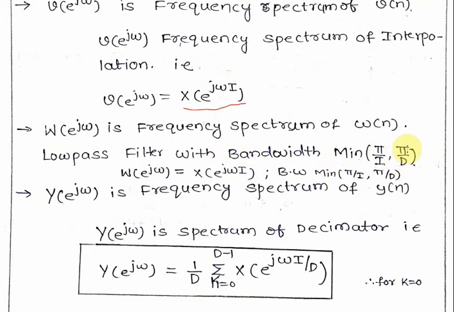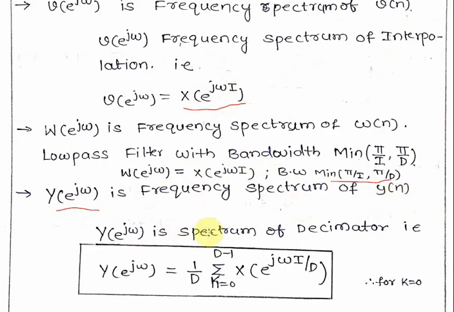and pi by D. The pi by I is the anti-imaging filter bandwidth and pi by D is the anti-aliasing filter bandwidth. We need to take the minimum of the bandwidths. So W of e power j omega is the same as X of e power j omega I with bandwidth minimum of pi by I and pi by D. And finally, Y of e power j omega is the frequency spectrum of y of n.